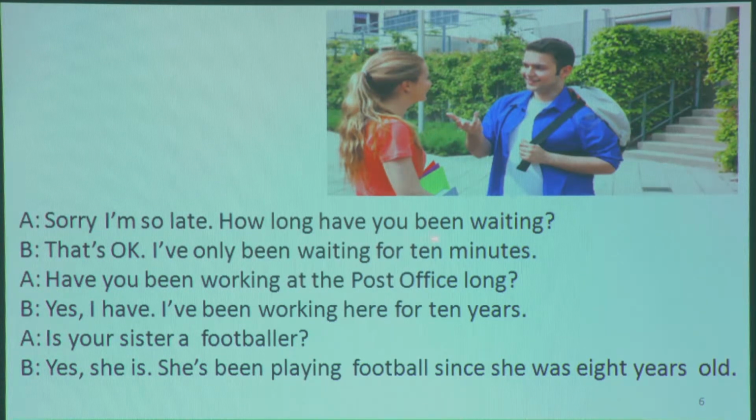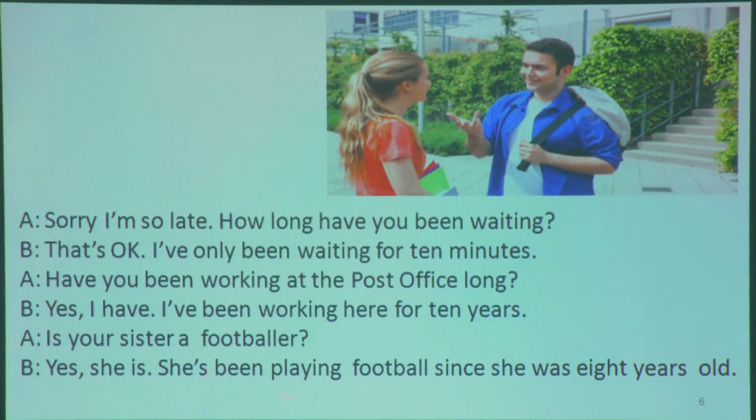Here you find present perfect continuous because has, have plus been plus ing form. Okay, so the answer here, that's okay, I have only been waiting for 10 minutes. Have you been working at the post office long? You can find the same structure there, okay? Yes, I have. I have been working here for 10 years. Okay. Is your sister a footballer?